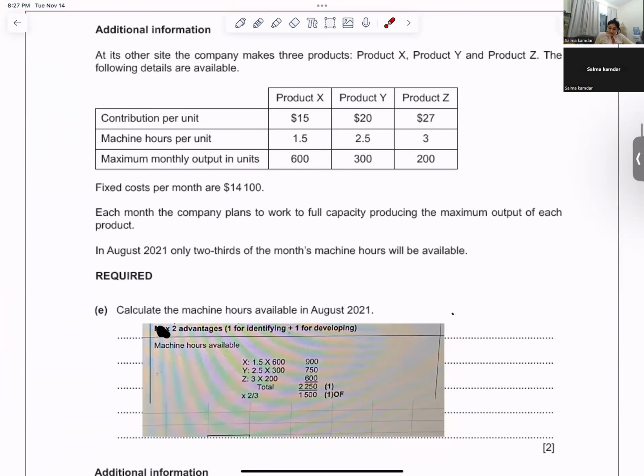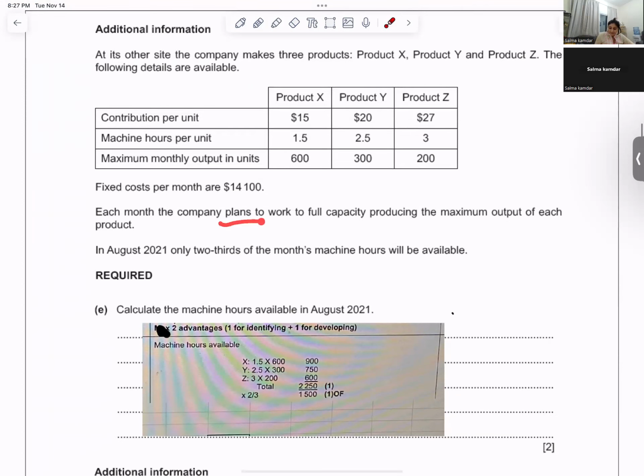The total machine hours that I need. Each month, the company plans to work full capacity, producing maximum output of each product. But in August, only 2/3 of the month's machine hour will be available. So if I make the maximum output, I am going to need 2250 machine hours.